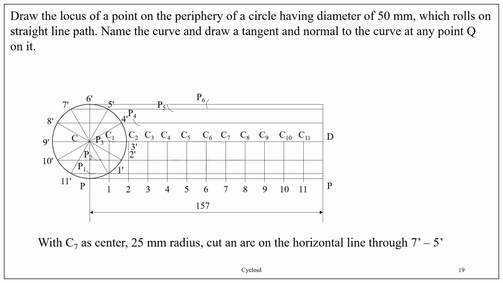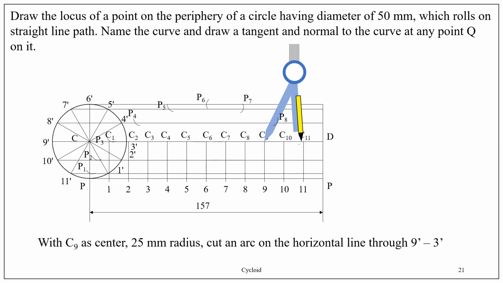With C7 as center, 25 as radius, cut an arc on the horizontal through 7 dash and obtain point P7. With C8 as center, 25 mm radius, cut an arc on the horizontal through 8 dash, obtain P8.